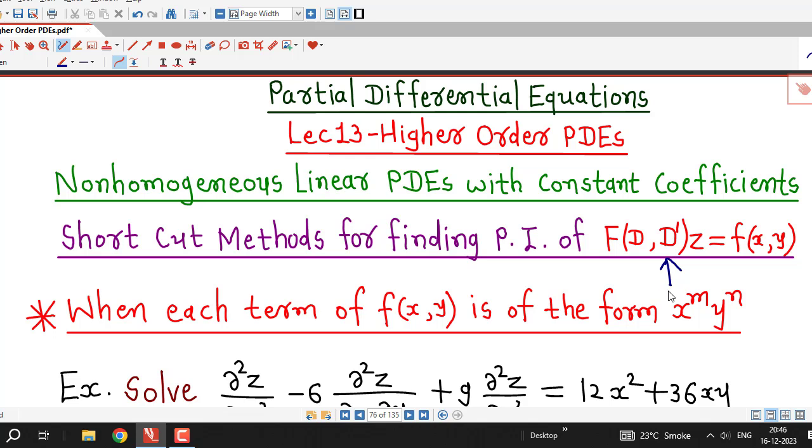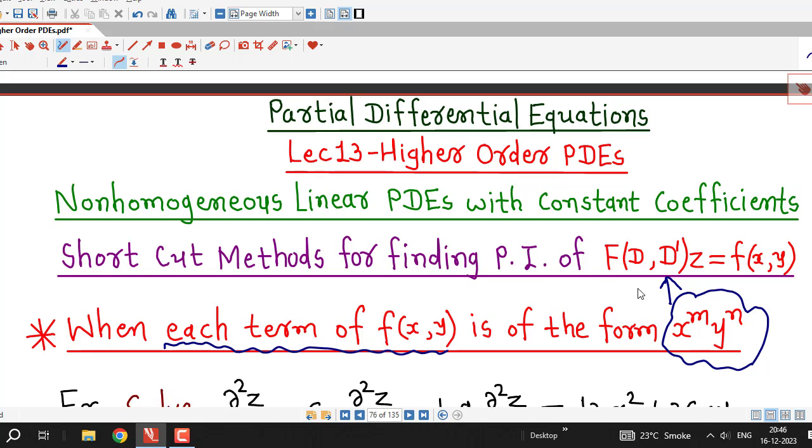In the last lecture we saw how to find the particular integral when each term of the right-hand side, which we denote by f of x y, is of the form x to the power m times y to the power n. In short, we are discussing the shortcut method when the right-hand side is a polynomial function in two variables x and y.